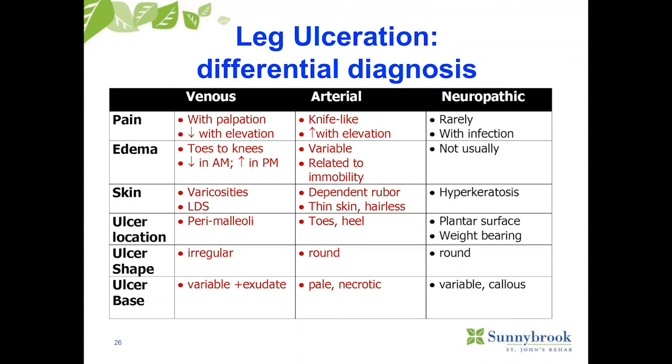And neuropathic, why didn't I call it diabetic? Because this type of ulcer is because of loss of sensation. Diabetic ulcers have loss of protective sensation, but there are other causes as well. Okay, you could have idiopathic peripheral neuropathy. Those people are just as likely to get these ulcers. They tend to be on the plantar surface of the foot over prominent bones.